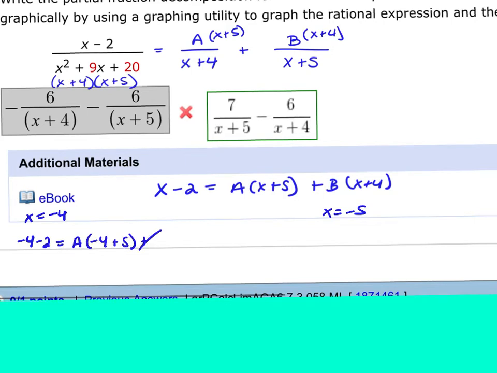This one's gone. Nope, other way around. Would help if I divide correctly today. Negative 6. And then this one, negative 5. This would cancel.